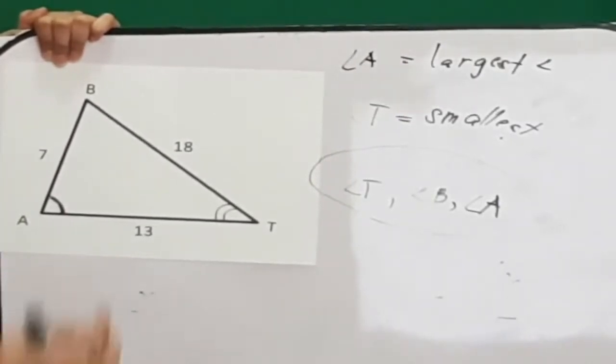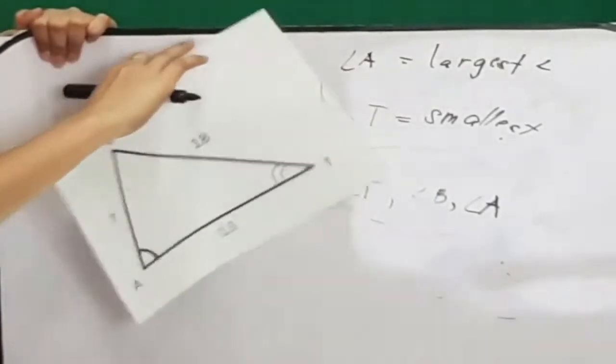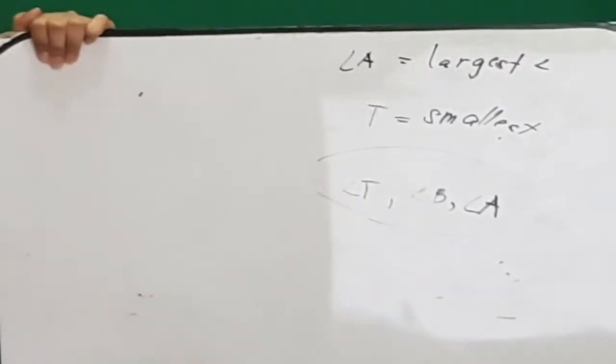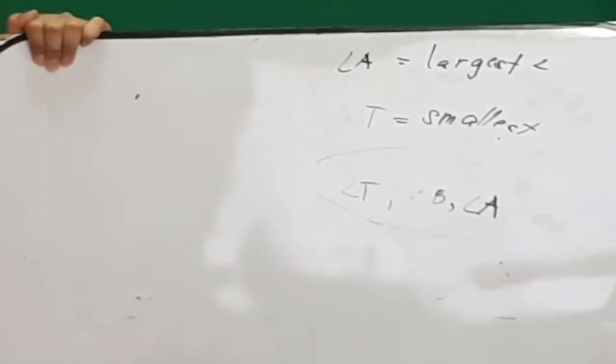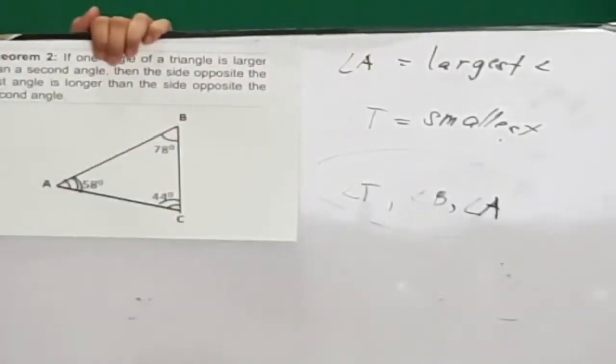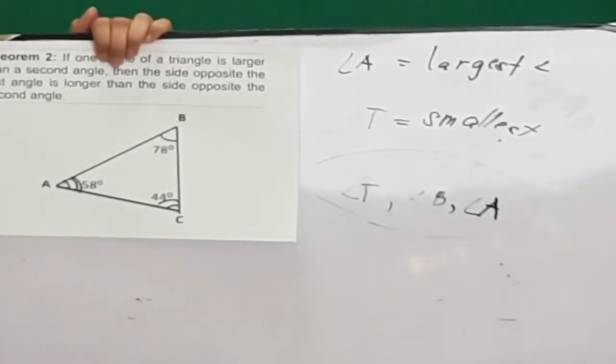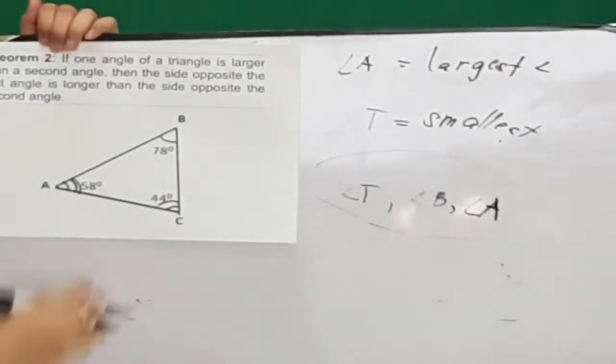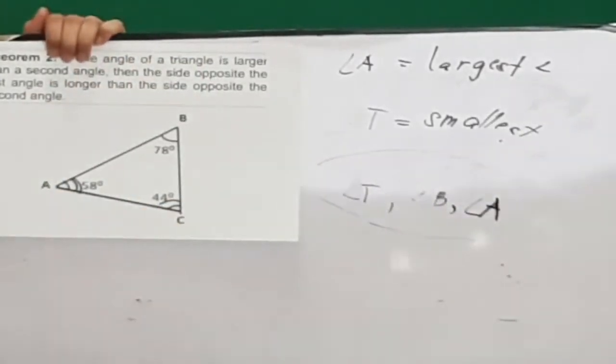Okay? Now, how about Theorem 2 of the triangle inequality theorem? LV, what is Theorem 2? Okay, Theorem 2 states that if one angle of a triangle is larger than a second angle, then the side opposite the first angle is longer than the side opposite the second angle. So actually, Ma'am LV, Theorem 2 is the converse of Theorem 1.